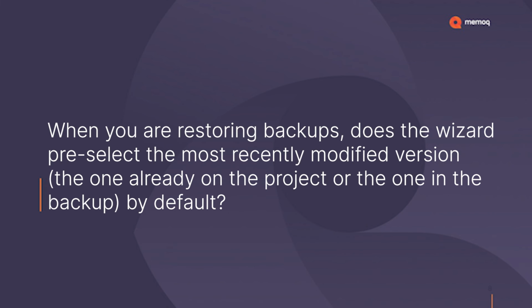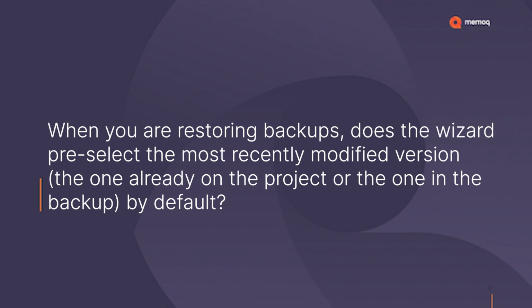And there was also another question. I think I answered it already in writing, but that was about which one of the resources is selected by default. The answer is the newest one, but not in all cases. You will have information on the conflict page when you select a package for backup.